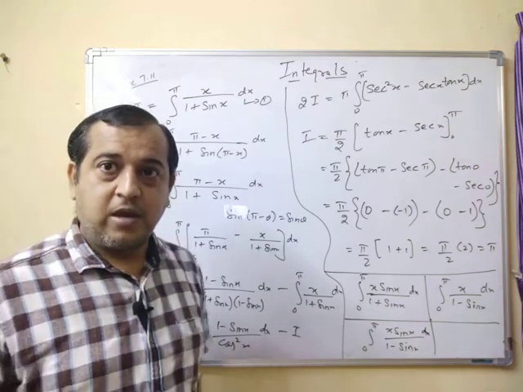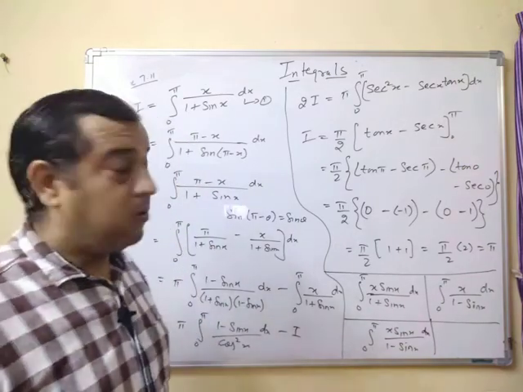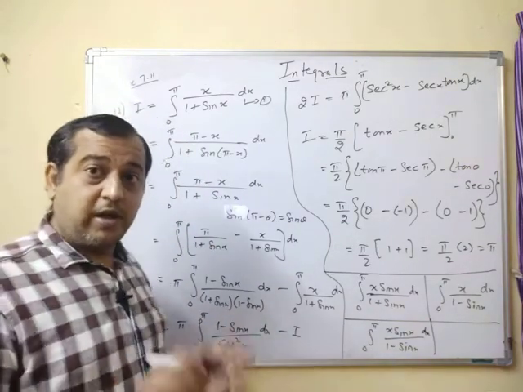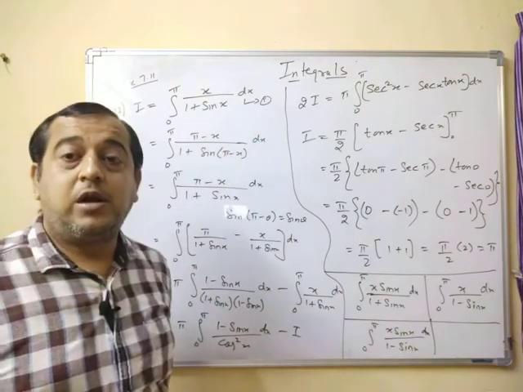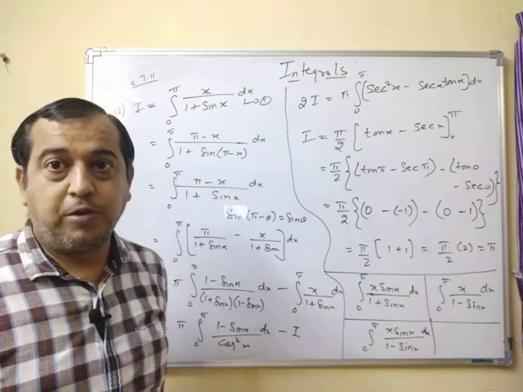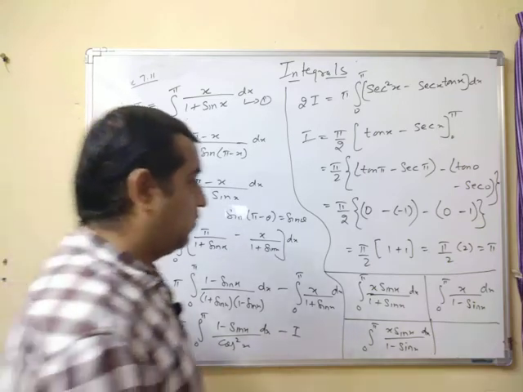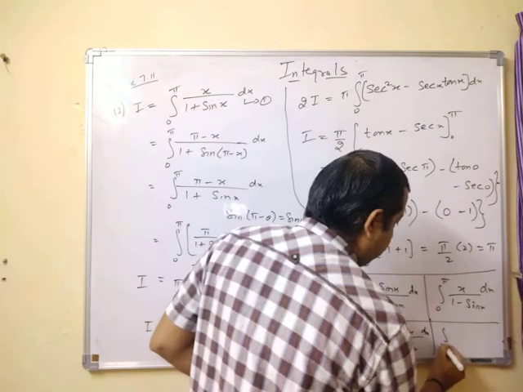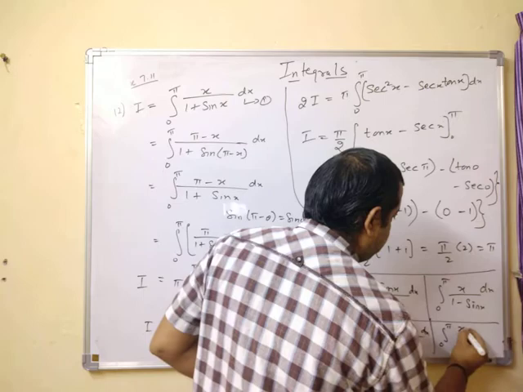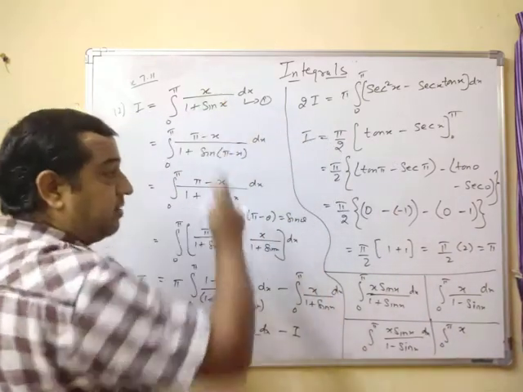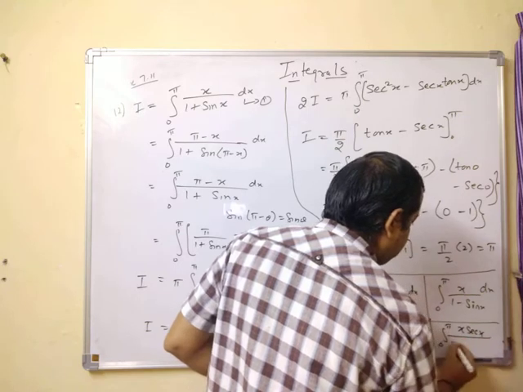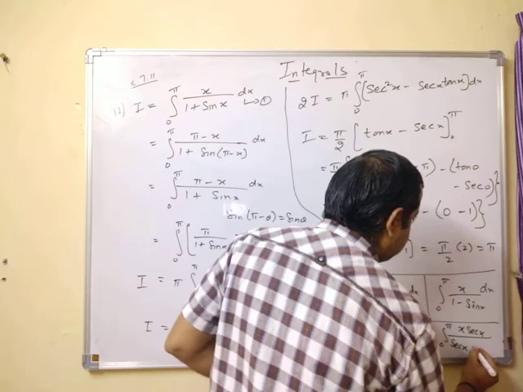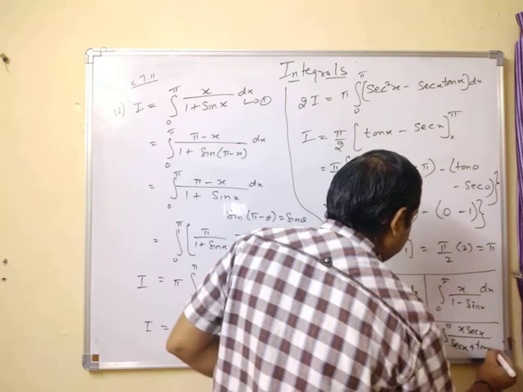Okay, clear? Now what else can you get in these problems? Numerator and denominator divide by cos. What do you get? You get integral from 0 to pi x, if you divide by cos, you get sec x upon sec x plus tan x.